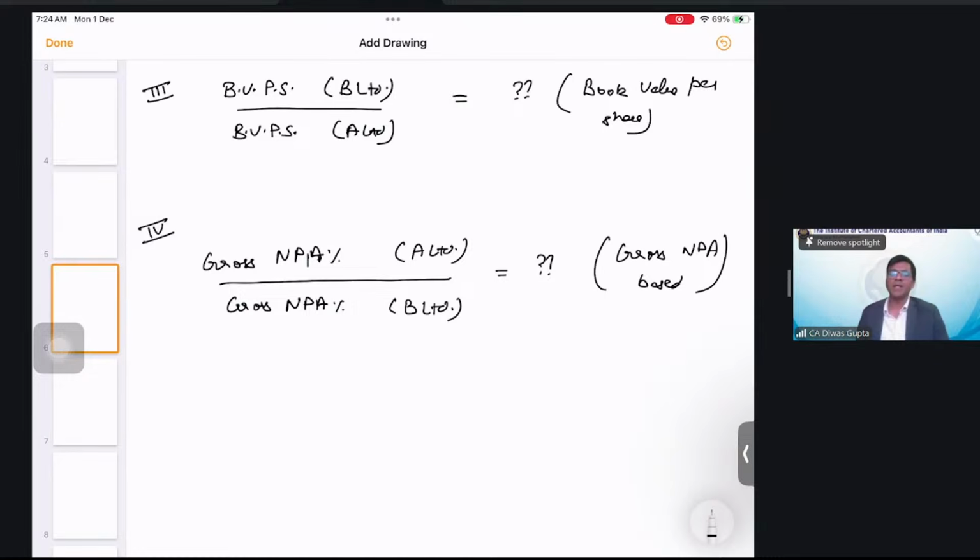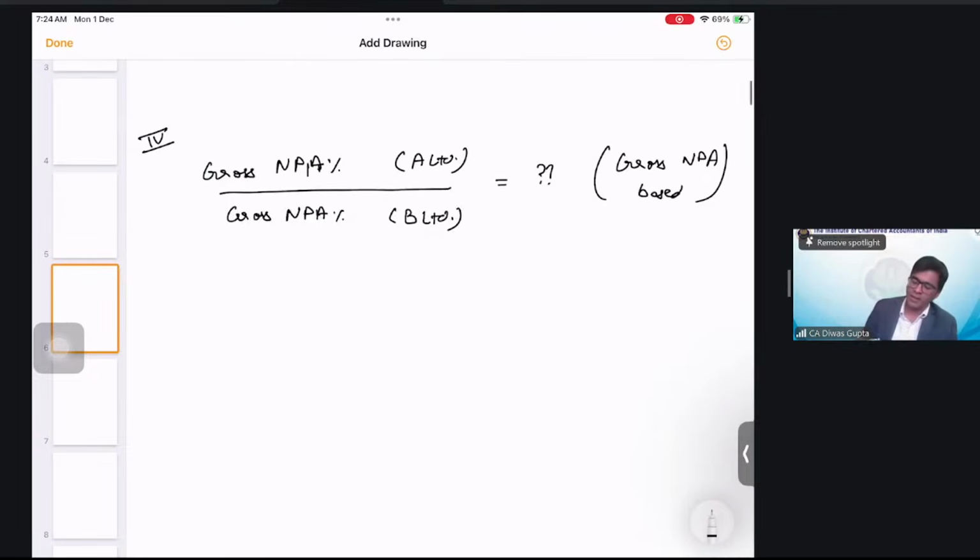Gross NPA based. So in this case, the equation will get reversed. Okay. So the A Limited will be in the numerator and B Limited will be in the denominator. Okay. Because for a higher gross NPA, you will pay a lower amount. So this ratio will denote that.